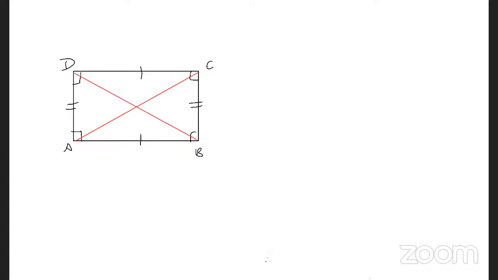And diagonals of a rectangle are equal and they bisect each other. If I put diagonals in it, the diagonals are also equal and they bisect each other. These are the features of a rectangle.